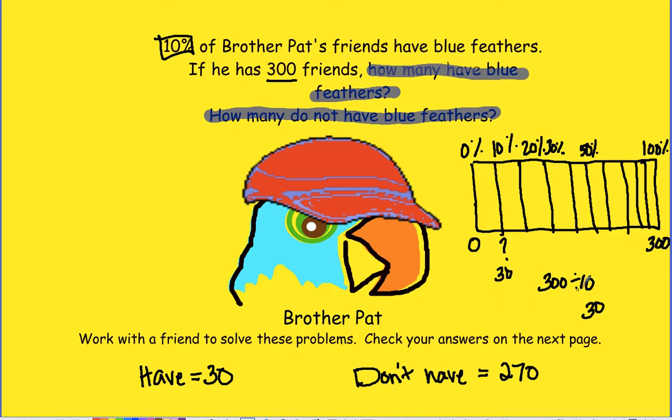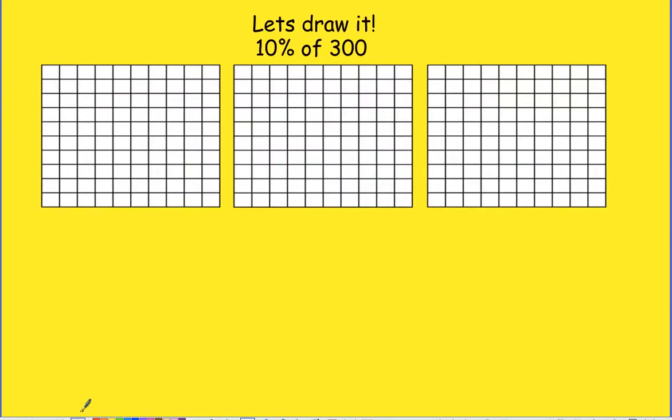But we don't want to do this all the time, but this is what I'm having you remember. You're looking at this saying that, okay, 10% is equal to a different type of number. 10% is representing this 30. It's giving you a better visual of how many birds it is out of the 300. All right, so we're going to move on.